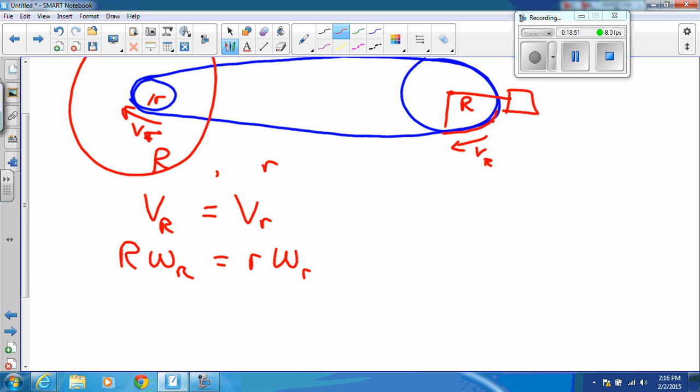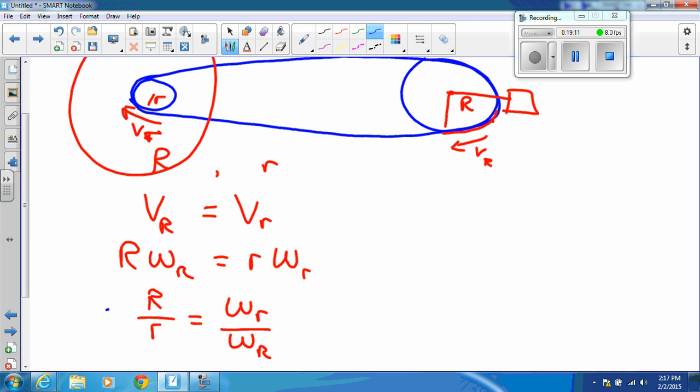So if we set these two equal to each other and solve, we find that these angular speeds are proportional to each other. But notice that they are inversely proportional to each other.